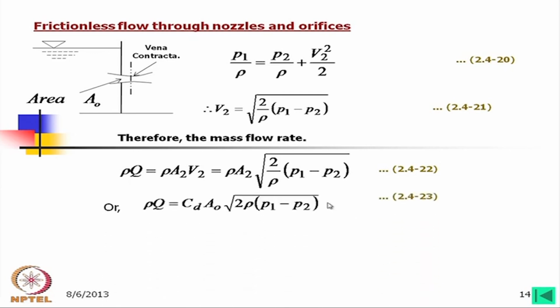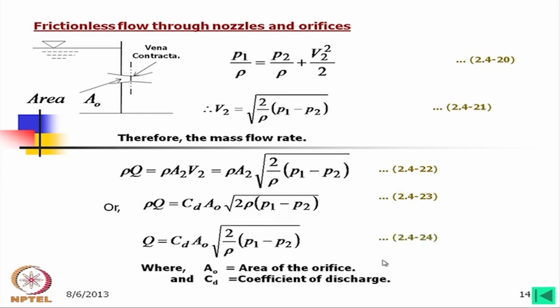To take care of that, we write rho Q equal to rho Cd A0 square root of 2 by rho (P1 minus P2), where Cd is the coefficient of discharge and A0 is the area of the orifice.